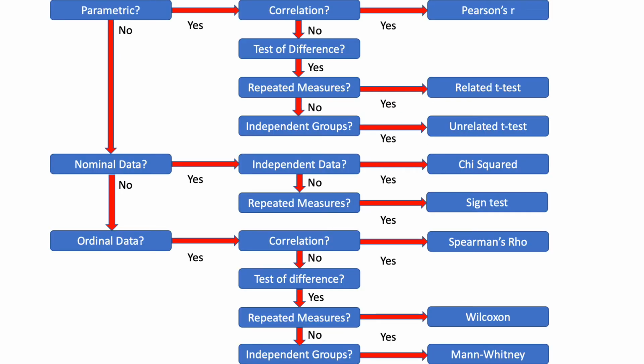In the next few lessons, we're going to look in a lot of detail at the differences between parametric and non-parametric tests. In order for a test to be parametric, it needs to meet certain criteria, which we're going to look at in the next few slides. Parametric tests are always preferred by psychologists because they are more powerful.